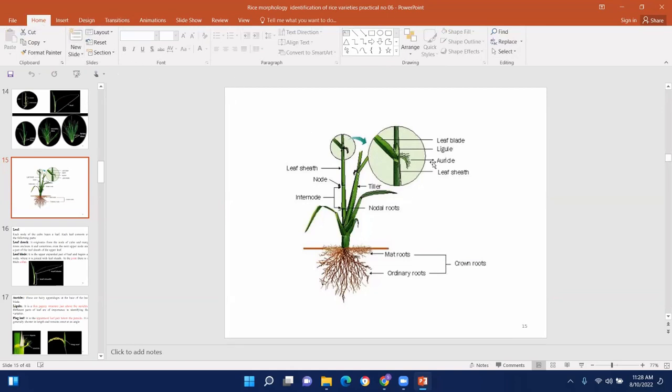Okay, I think all of you understood or not? Understood. Okay, see clearly. This picture is the auricle. This is the ligule. I will teach again from start to end, but before that I will explain some parts.